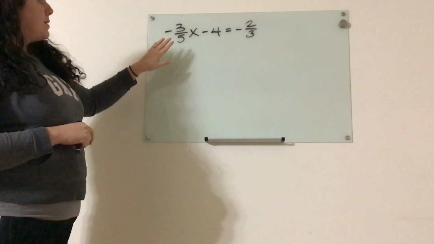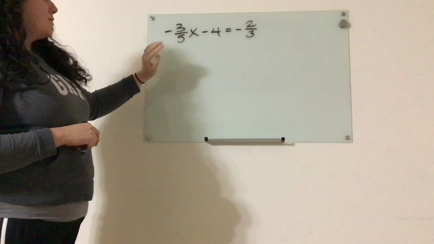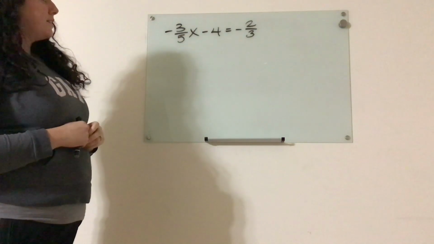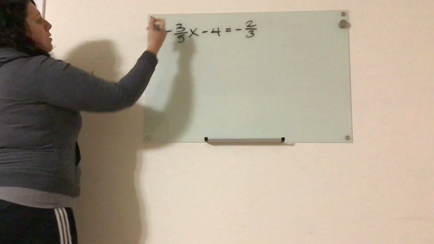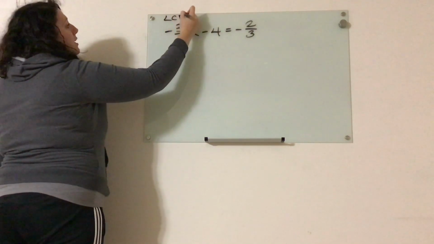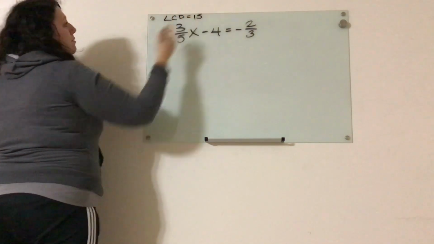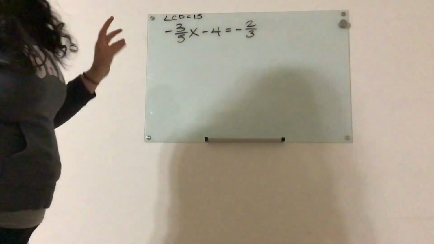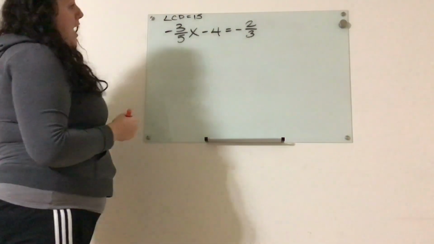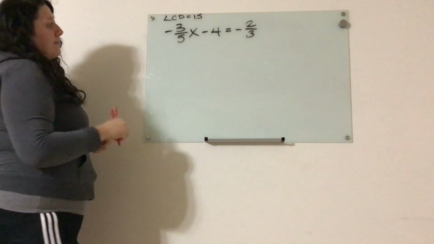So I need to figure out what my least common denominator between 5 and 3 is. So my least common denominator between 5 and 3 is going to be 15. That means that I'm going to take each term in this equation and multiply it by 15.